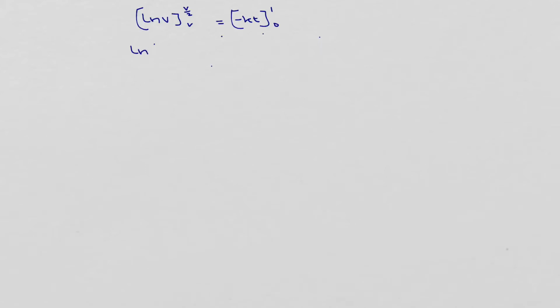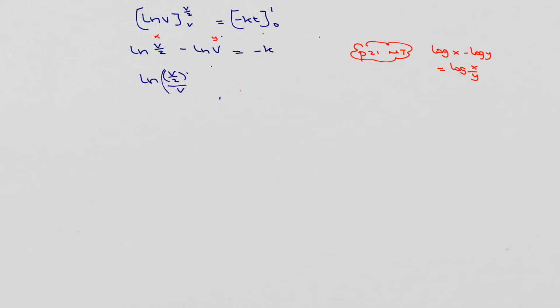So if I sub in, I have natural log of V over 2 minus natural log of V, upper limit minus lower limit, is equal to minus K. And if I'm subtracting my logs, that means I know from page 21 in my maths tables that when I have log x minus log y, that's equal to log x over y. So in other words, that's going to become natural log of V over 2 divided by V is equal to minus K.